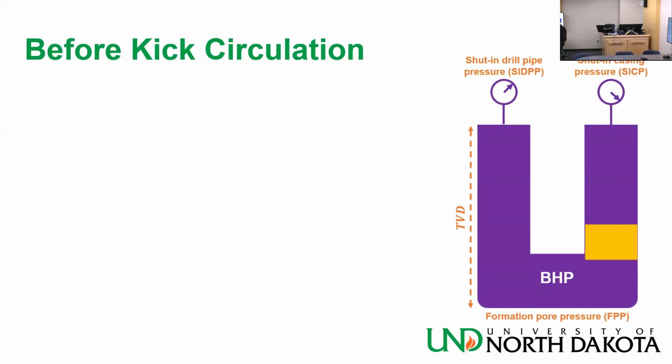My MAASP is 1,000. My SICP is 950. I'm getting there. I'm approaching the 1,000 value, which is my threshold, making numbers easy for you guys. What can I do to mitigate that?